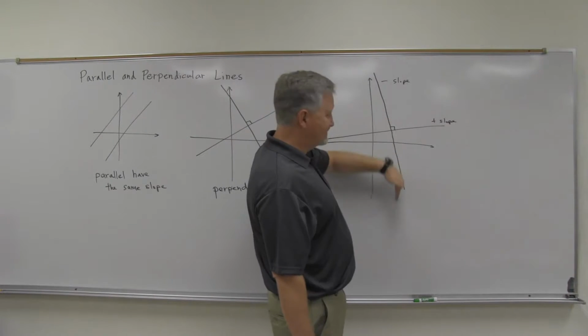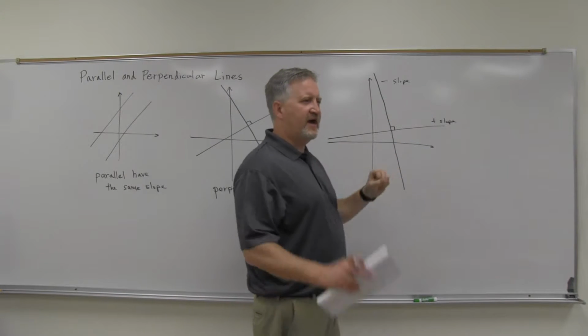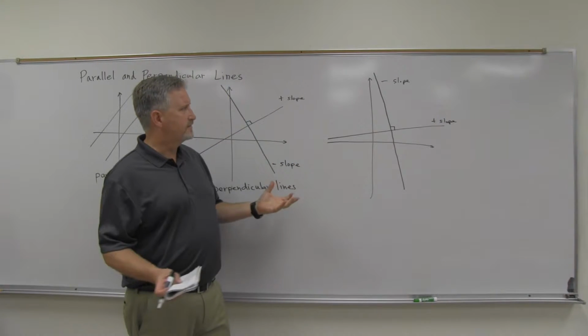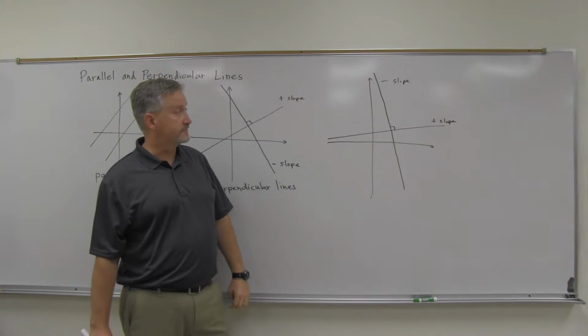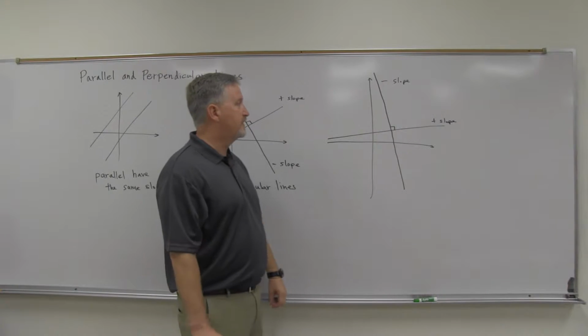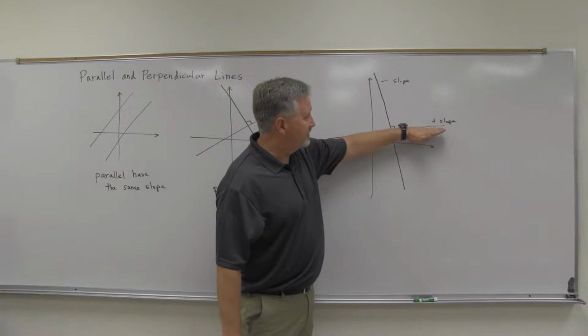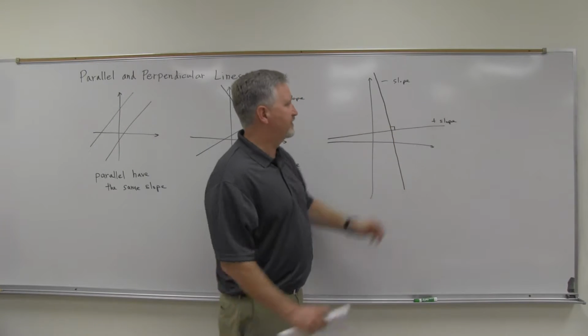However, this one's very steep, and so it's going to have a higher number. You know what I'm saying? Like a negative 2, 3, something like that. So this one's a smaller number, let's just go with a third.